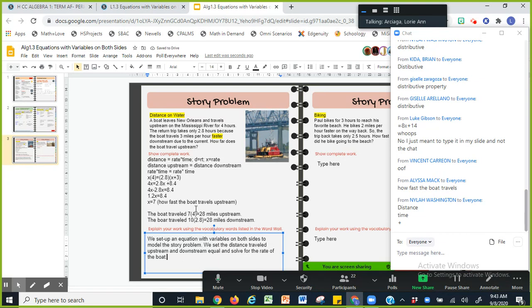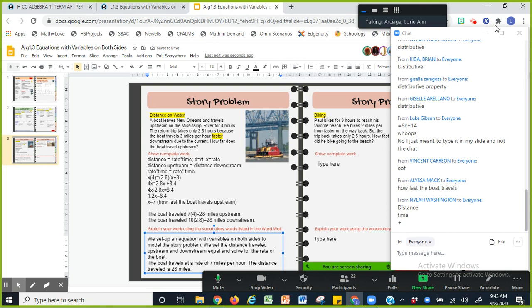All right, so that's one way of explaining your work. You can be more specific. You can also mention some properties that you used, but at least you explain your answer in context. So we would say the boat travels at a rate of 7 miles per hour. There you go. And the distance traveled is 28 miles.